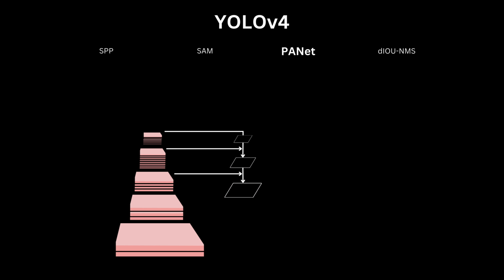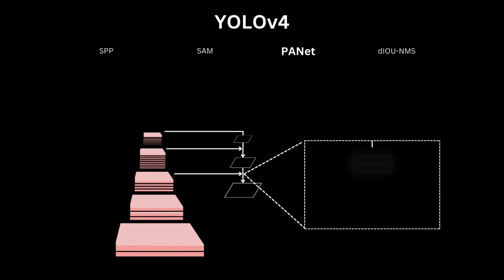In YOLOv3, for fusing the features of different scales, we first took the lower resolution feature and upsampled it, then concatenated it with the higher resolution feature map that we took from an earlier stage of the network. The concatenated feature map went through a bunch of convolution layers before our prediction layers for each scale.